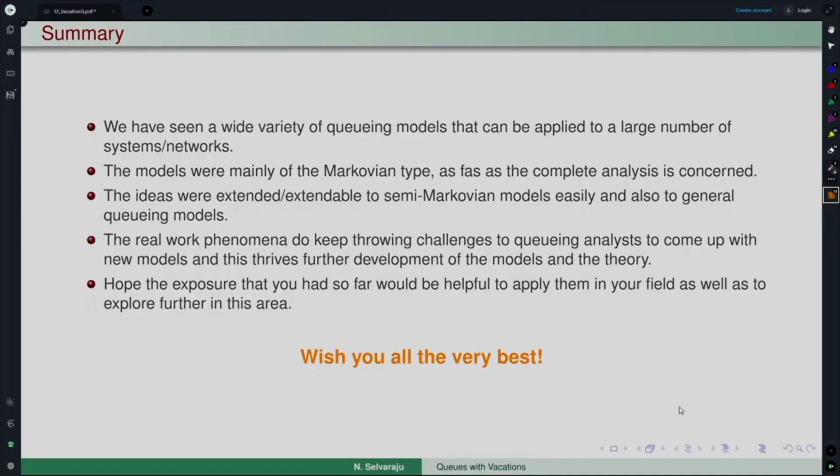Okay. So, in summary, what we have seen in this course is a wide variety of queuing models, starting from birth-death models to general Markovian models.